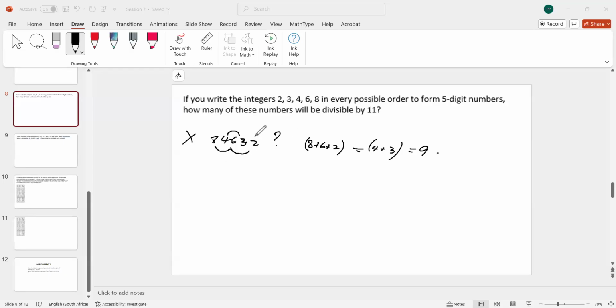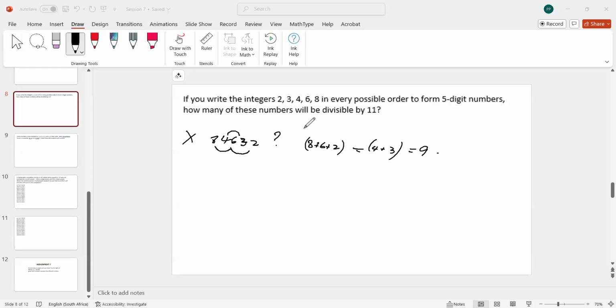Now, there are many, many combinations. Actually, there are 120 different ways in which you can write this. It's 5 factorial. Just think about that. We've already discussed this before. So there are 120 such numbers, but the question is, of those, how many of them are actually divisible by 11?